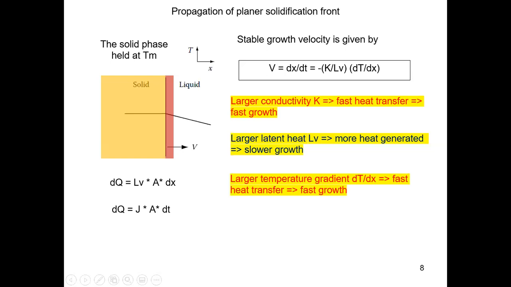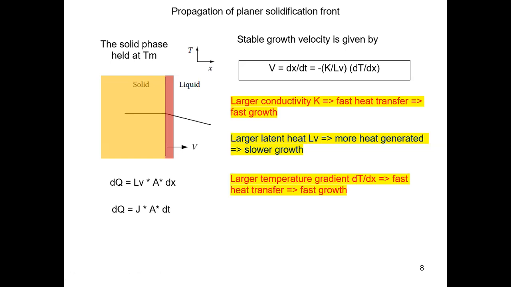We show that this propagation velocity is related to three factors: the thermal conductivity, latent heat, and temperature gradient. And we understand the role of these things very straightforwardly. Okay, so that's that. Any questions before I move on?